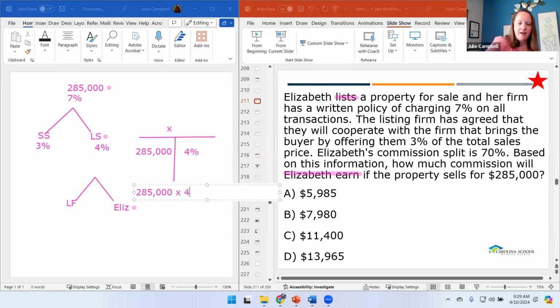So we have our sales price times 4% gives me a side of $11,400. So 285,000 times 4% tells me that the side is going to collect $11,400. So let's put that up here. 4% is 11,400. Questions so far? How do we get the listing firm's commission?